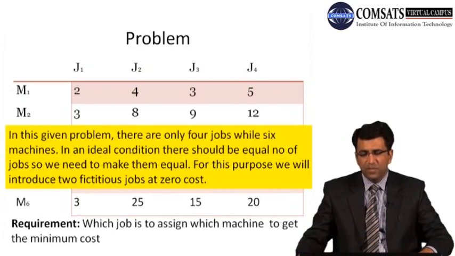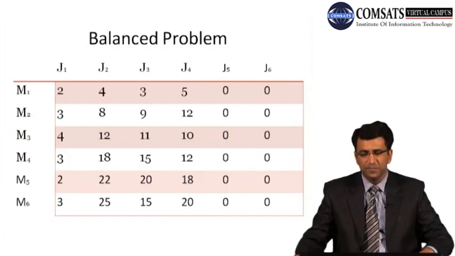In this given problem, there are only 4 jobs while 6 machines. In an ideal condition, there should be an equal number of jobs and machines, so we need to make them equal. For this purpose, we will introduce 2 fictitious or dummy jobs at 0 cost. So this is the first step in order to solve this unbalanced problem.